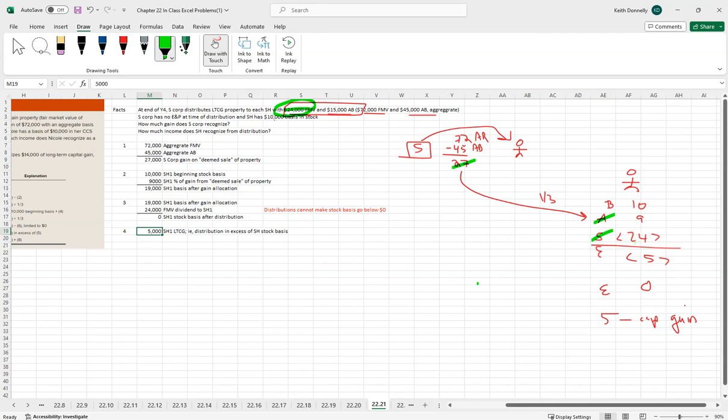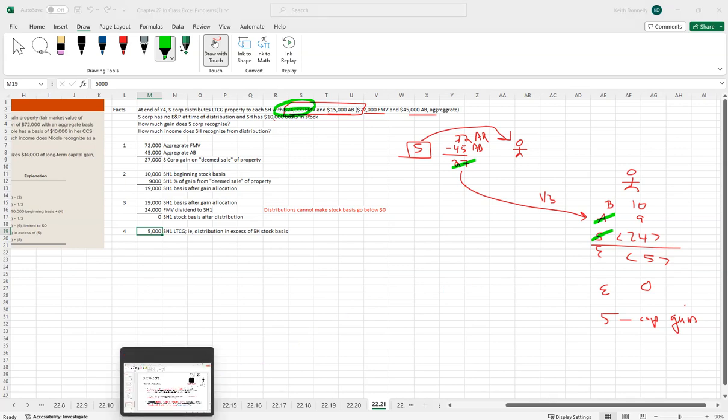And again, the same framework applies here. You got to look and see, was this formerly taxed as a C so that it has AEP, or has this always been an S and it just has AAA? But that's the idea there.